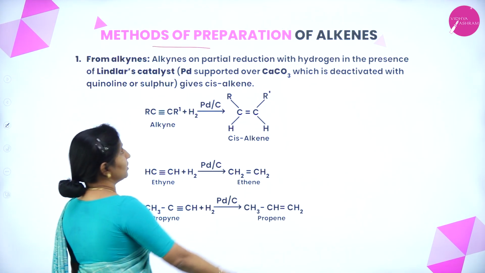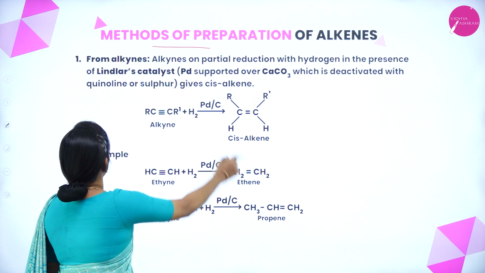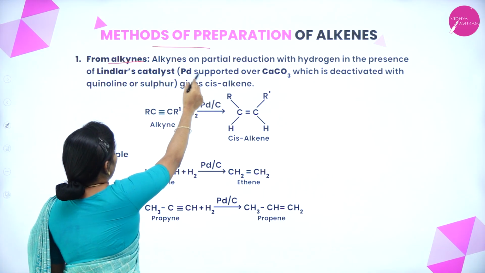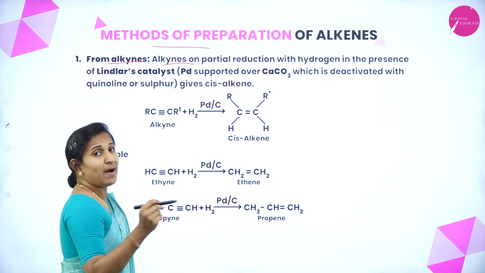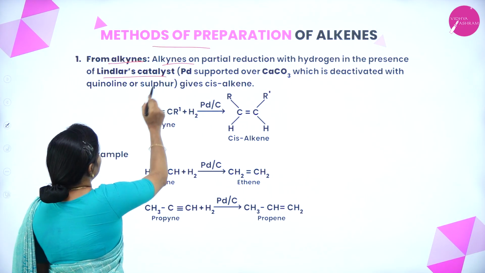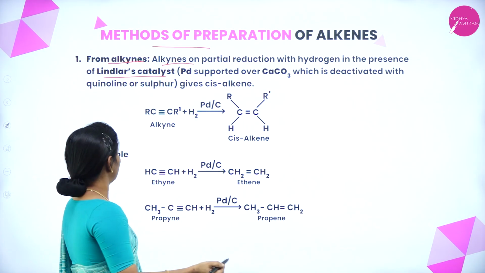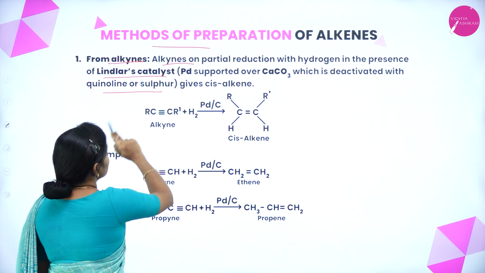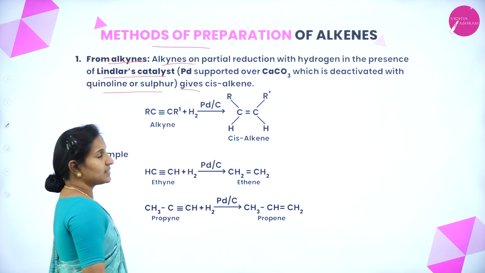Methods of preparation of alkenes. From alkynes: on partial reduction with hydrogen in the presence of Lindlar catalyst, which is deactivated with quinoline or sulfur, they give cis alkenes.